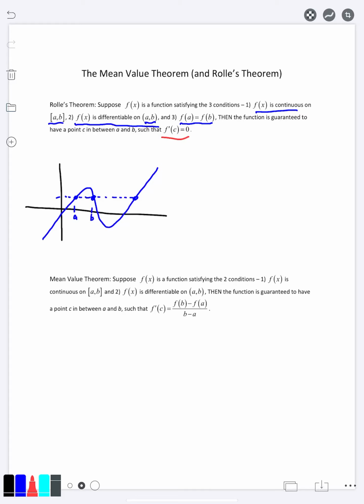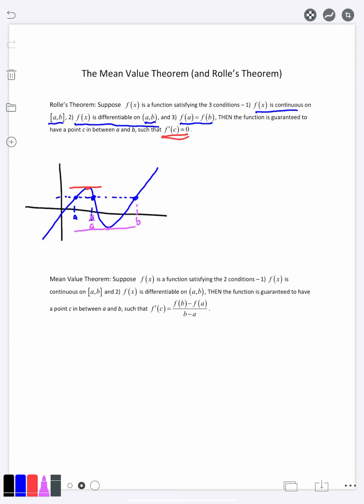And notice how there is a point where you have a horizontal tangent line. That's where the derivative is 0, also called a critical point, in between there. On the other hand, if I called this one a and this one b, I still have continuous, differentiable, same y values at the starting and end point, and again you have a point here where you have a horizontal tangent line.